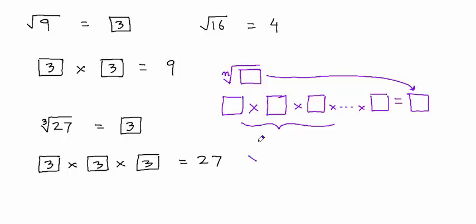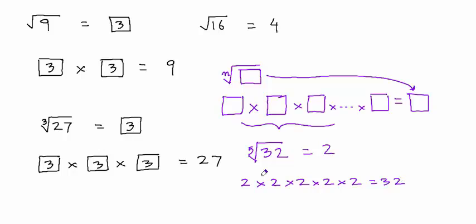For example, the 5th root of 32 is 2, and the reason for that is because if you multiply 2 with itself 5 times, 2 times 2 is 4, 4 times 2 is 8, 8 times 2 is 16, 16 times 2 is 32. That's the reason why the 5th root of 32 is 2.